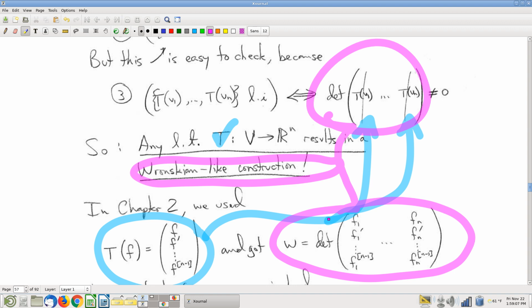If you're talking about solutions to a certain kind of differential equation where various conditions are satisfied, existence, uniqueness, and all that, then the Wronskian takes on superpowers. Right? Do all of the Wronskians do that? No. Just this one does that.